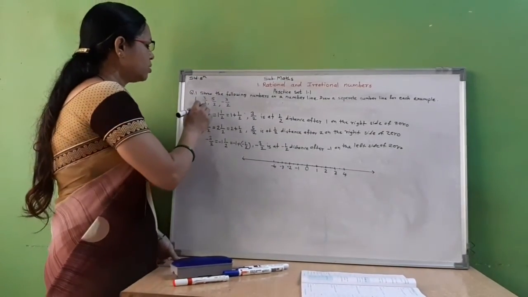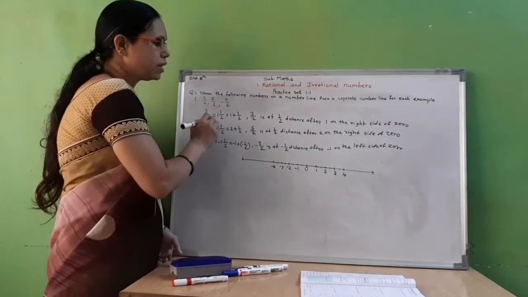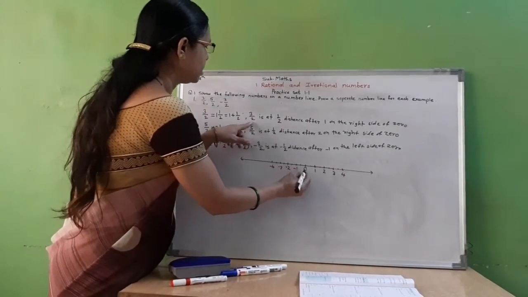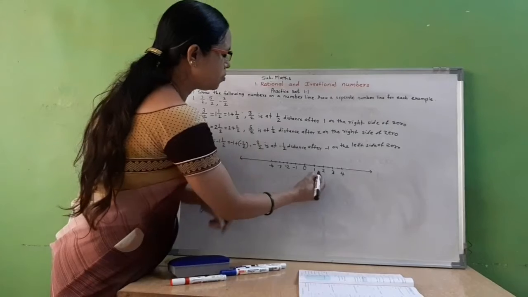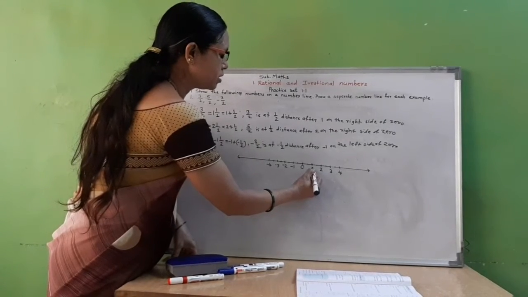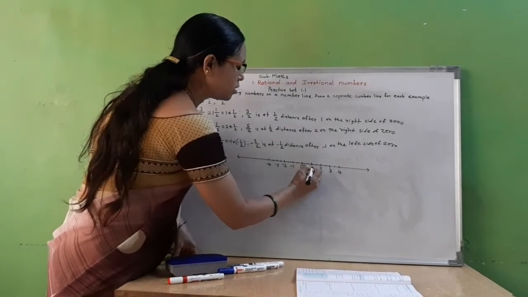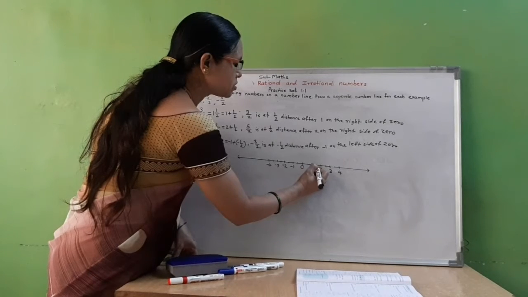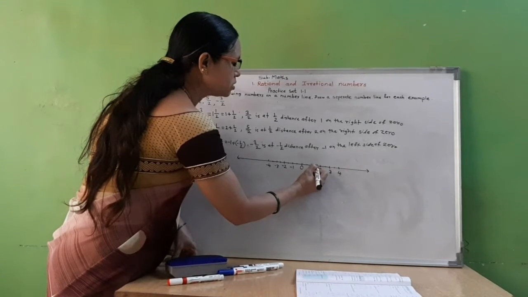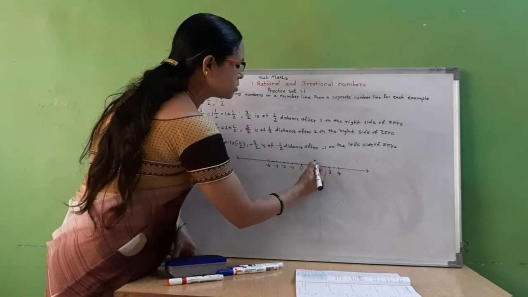Plot 3 by 2 on a number line. Here 3 by 2 is at half distance after 1. After 1 half distance. So 3 by 2 is here.